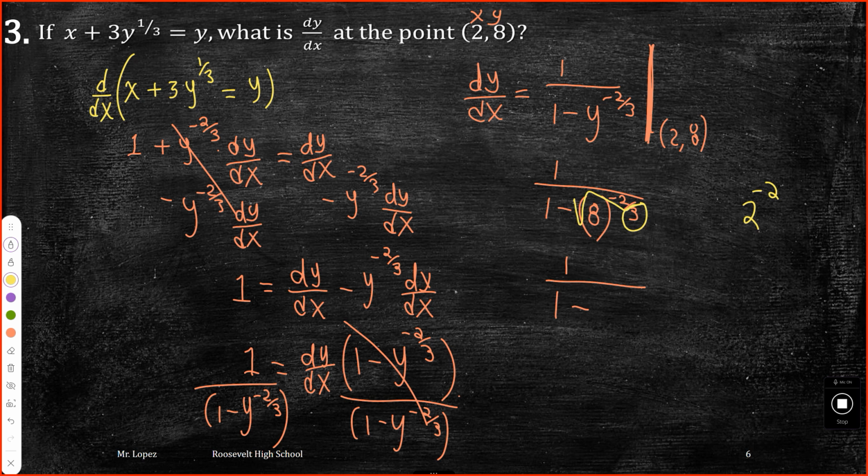Is that 1/4? So this is going to be 1 over. What is $1 take away a quarter? 75 cents, which is 3/4, no? And so what's $1 divided by 3/4?